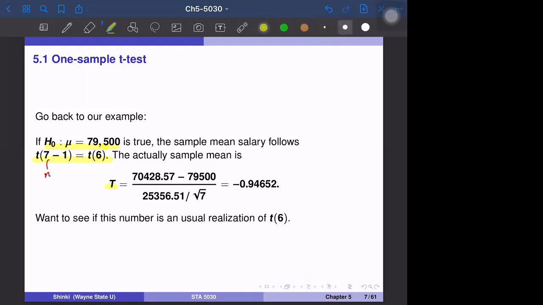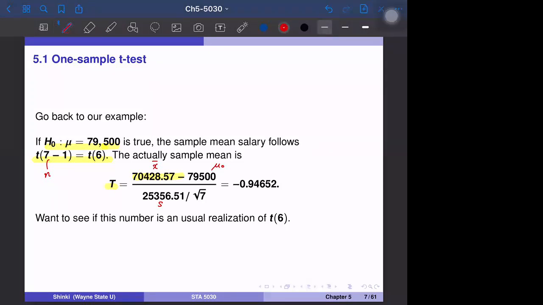You can see this is x bar, and this is our hypothesis mu naught, and this is the standard deviation, 25,000. So this is typical. This standard deviation is the typical deviation from the mean.